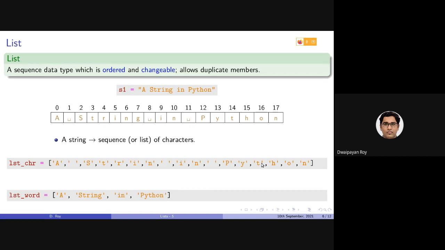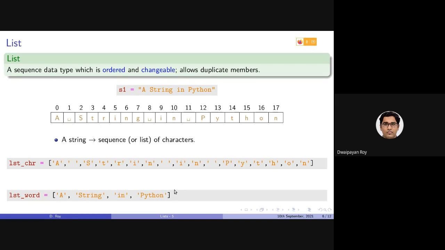The corresponding thing in a list can also be like this: a, string, in, Python. That is, we can store the individual words of this string in the list as well.